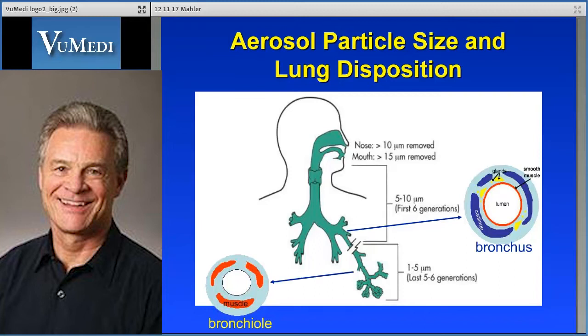The bronchiole on the bottom left is a smaller airway with the red representing smooth muscle. The point of this diagram and the bronchus and bronchiole is to demonstrate that an aerosol should be 5 microns or smaller in diameter in order to reach the lower respiratory tract, where it attaches to bronchial smooth muscle, causing relaxation and or prevention of bronchoconstriction.